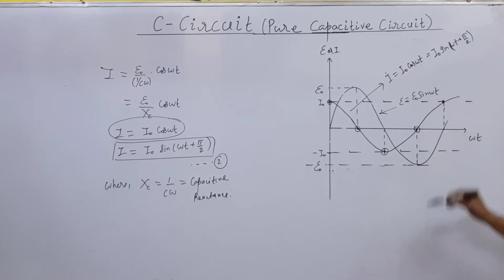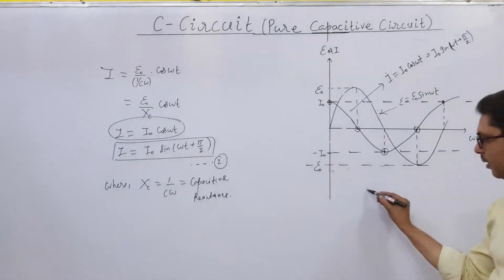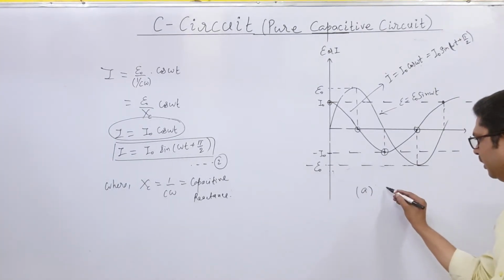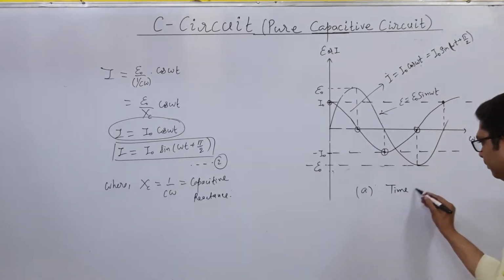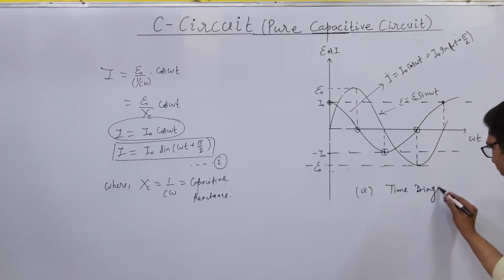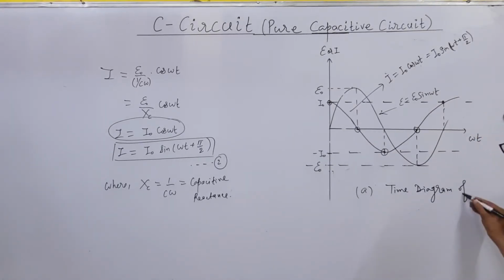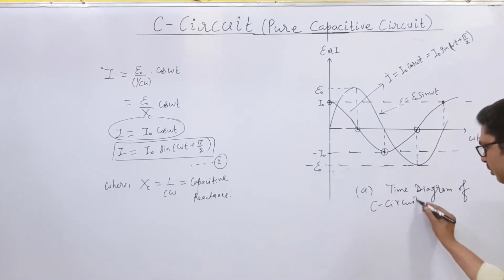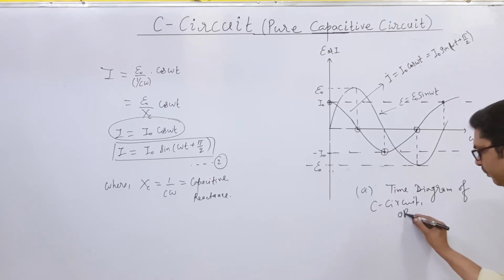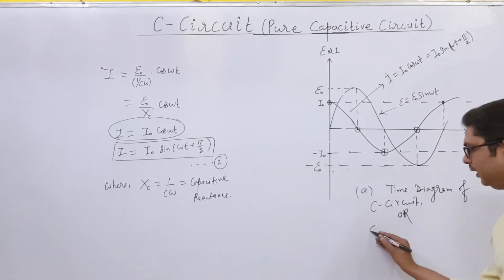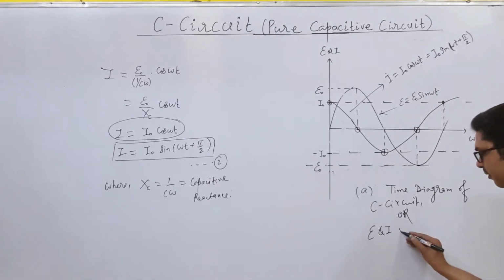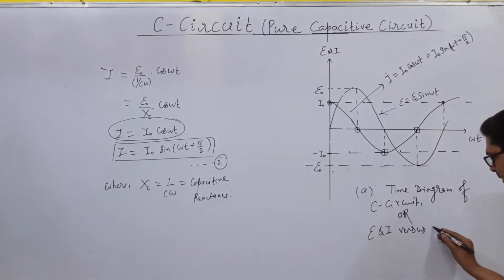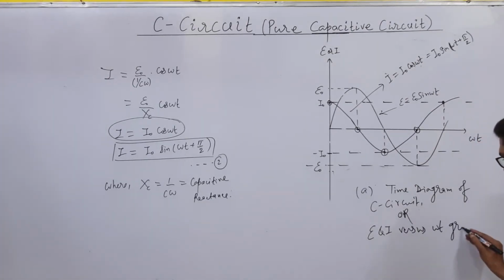This is said to be the time diagram, figure A, the time diagram of the C circuit, or you can also say this is the E and I versus omega t graph.